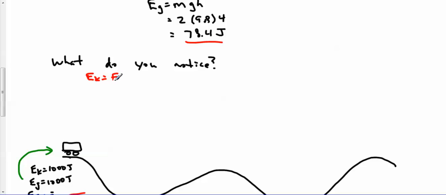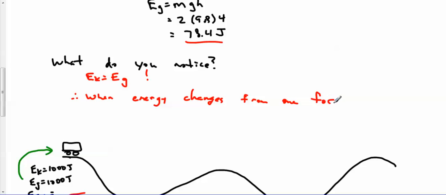EK equals EG. Yes. So we can conclude then that when energy changes from one form to another, no energy is lost.